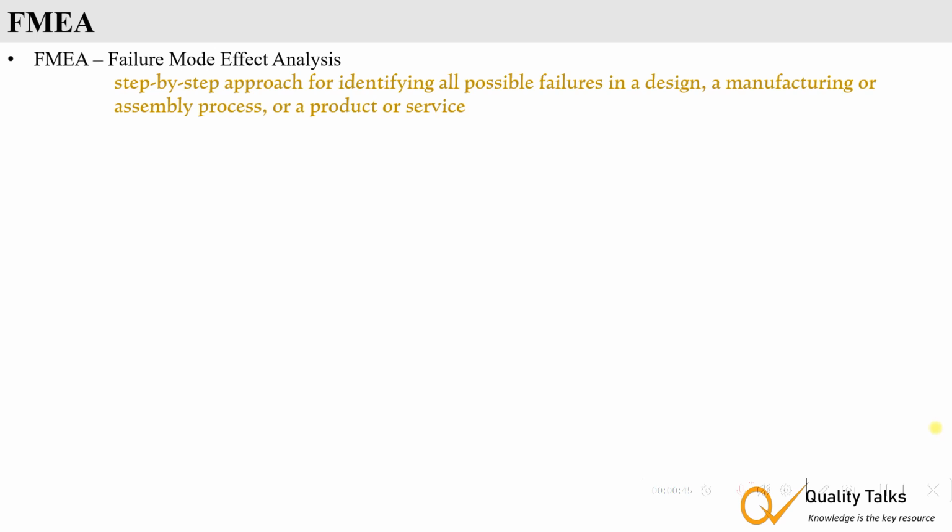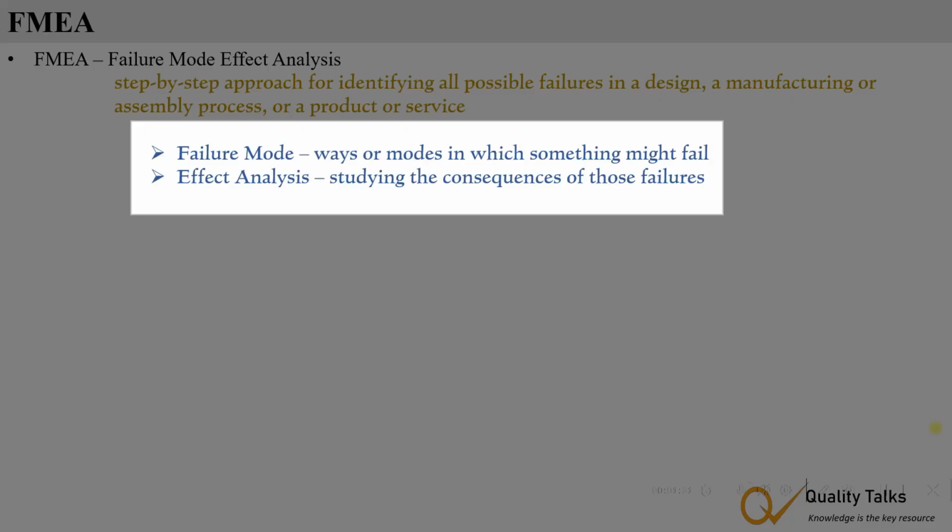FMEA is a step-by-step approach for identifying all possible failures in a design, a manufacturing or assembly process, or a product or service. As FMEA is Failure Mode Effect Analysis, failure mode is the ways or modes in which something might fail.